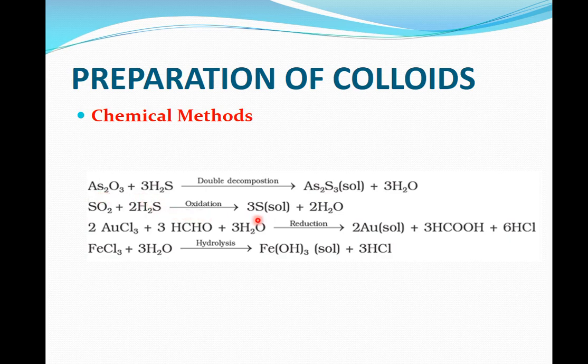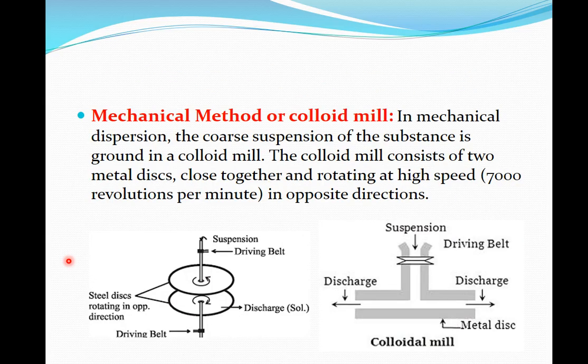In oxidation, sulfur sol is prepared by the reaction of H2S on sulfur dioxide. An example of reduction is preparation of gold sol by the action of methanol on gold chloride, and an example of hydrolysis is formation of ferric hydroxide sol by the reaction of water on ferric chloride.